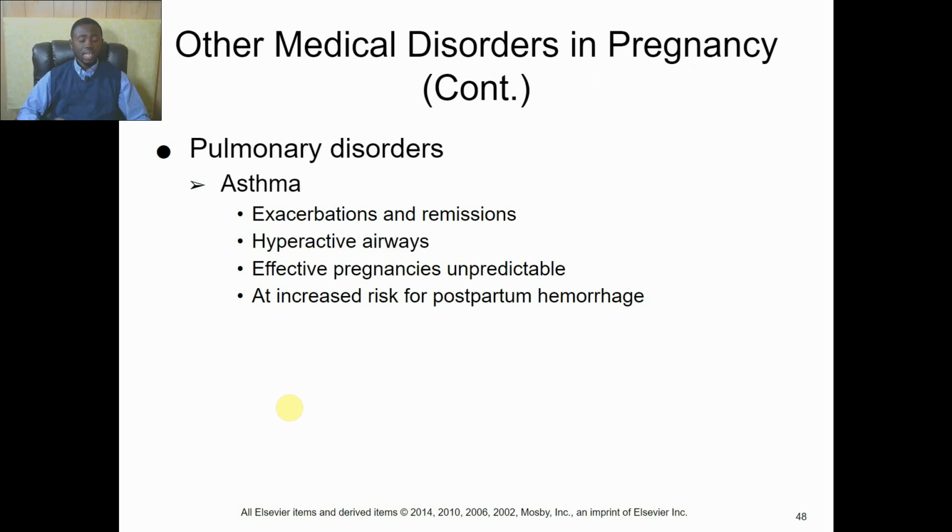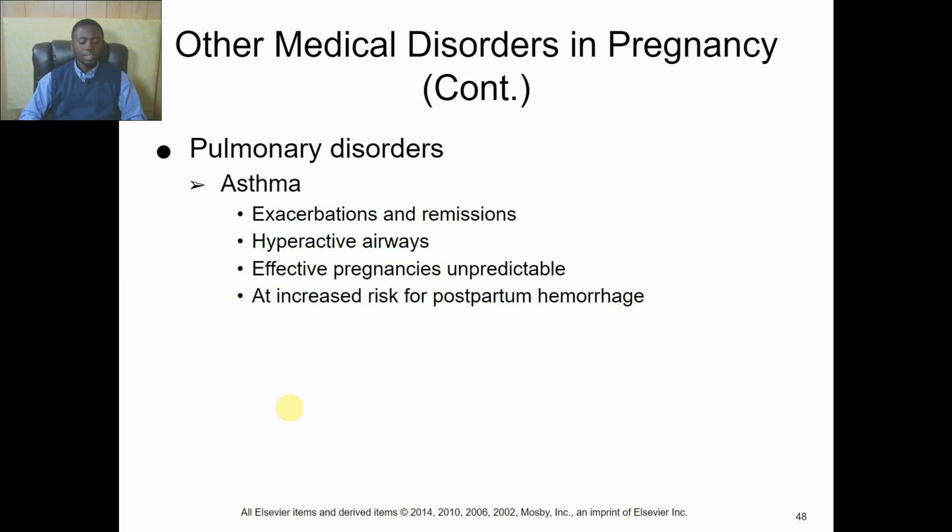In addition to cardiovascular disease, there can also be pulmonary disorders that affect pregnancy, because these are going to increase the drive for oxygen and reduce the amount of oxygen in circulation, which will decrease the amount of oxygen that is supplied to the infant. And so there may be exacerbations and remissions with asthma, and then the airways may become hyperactive, because remember that we said there are changes in the respiratory system that come about as a result of pregnancy.